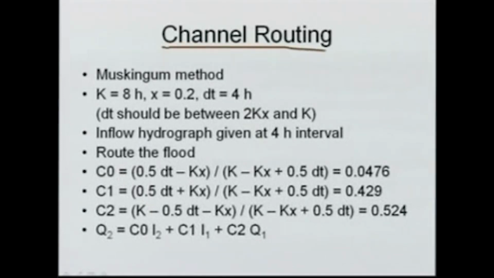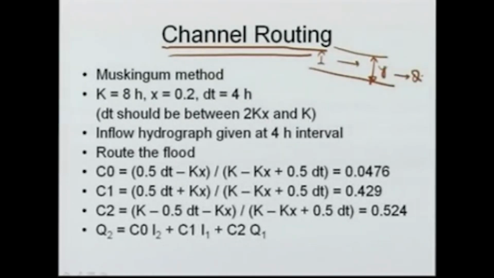In channel routing, which we will now see, channel routing means if there is a flood coming in a channel, there is some depth of flow. There is really not a well defined storage in this case, but there is a change in storage, and we have already seen that we can write this storage as wedge plus prism.